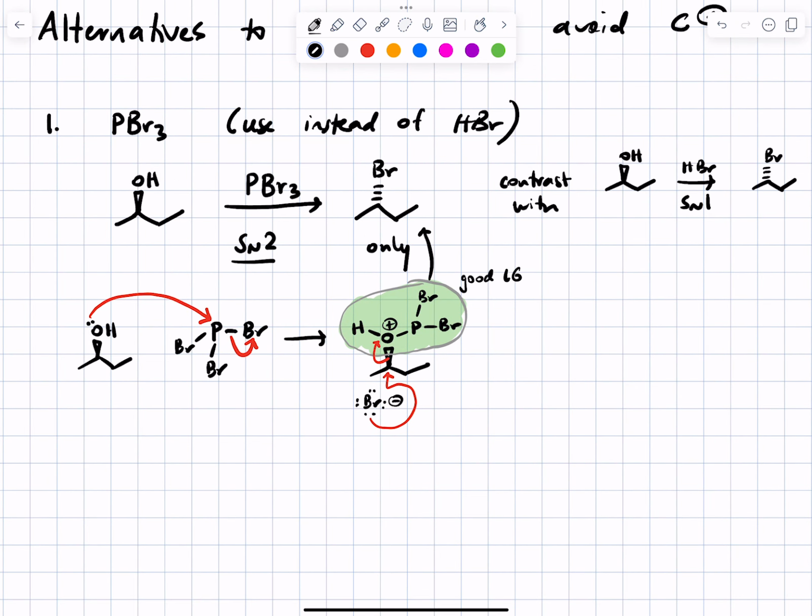Okay? Again, I'm not going to hold you responsible for this part of the mechanism or remembering that the oxygen-phosphorus bond is strong, but you do need to know that bromo displaces the leaving group to give you SN2 products.